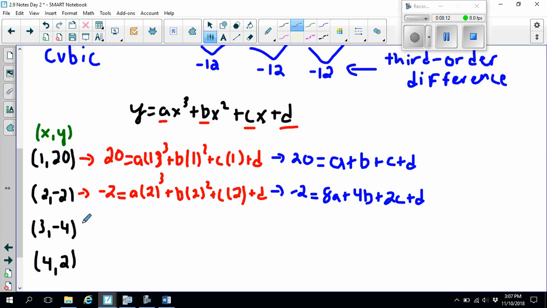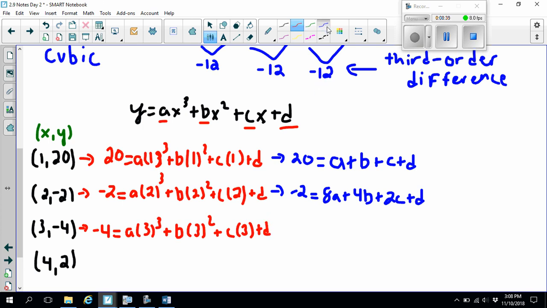Okay, on our next one, (3, -4). -4 is our y value, and then we plug 3 into x. We have a times 3 to the third, plus b times 3 to the second power, then plus c times 3, then plus d at the end.